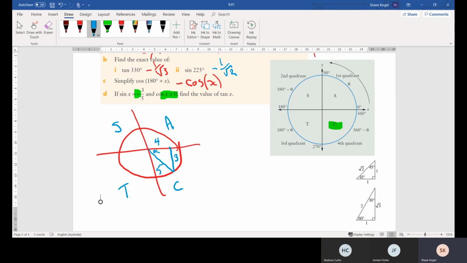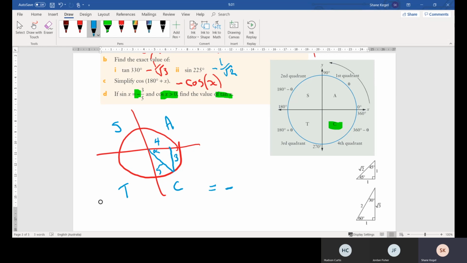Now I've got my 3 values on the sides of the triangle, I can find my tan of x ratio. Being in the fourth quadrant, I know that only cos is positive from my unit circle, so I'm going to get a negative result.